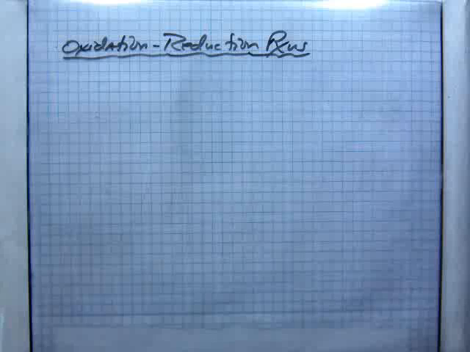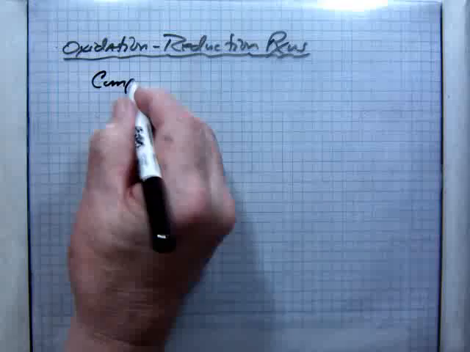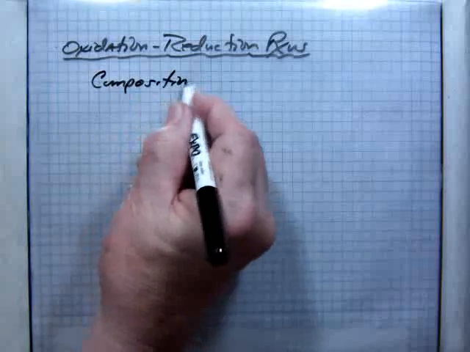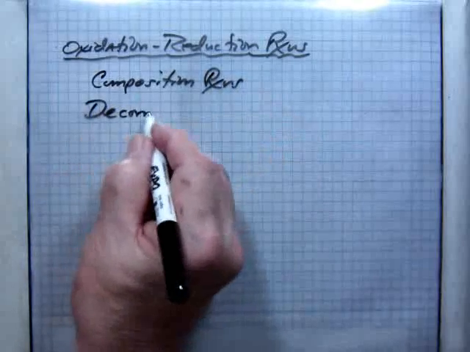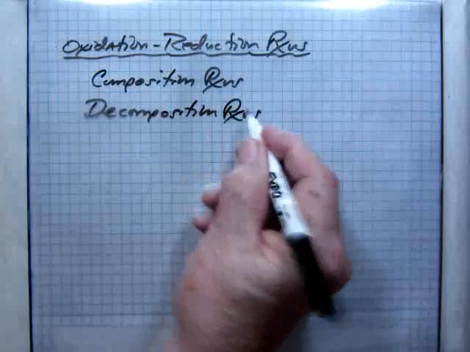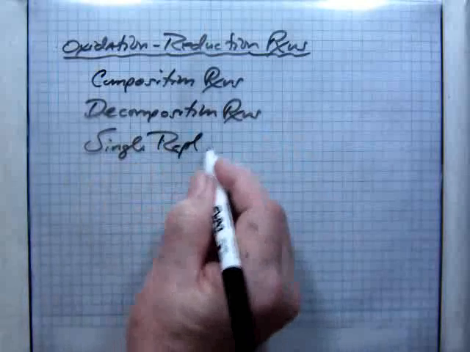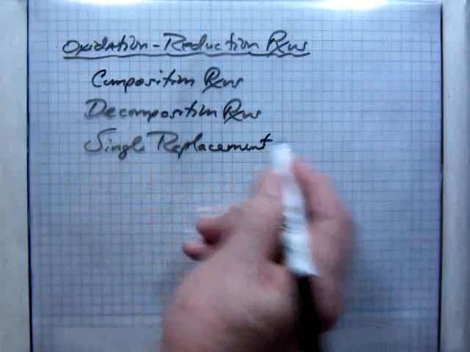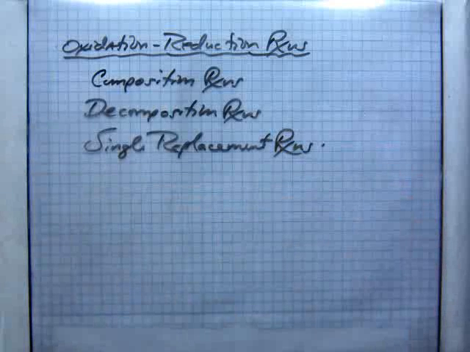Now, the other classifications of oxidation reduction reactions include composition, decomposition reactions, and single replacement. All of these are oxidation reduction type reactions.